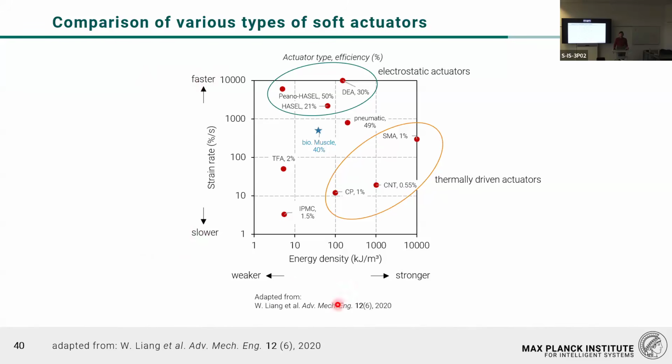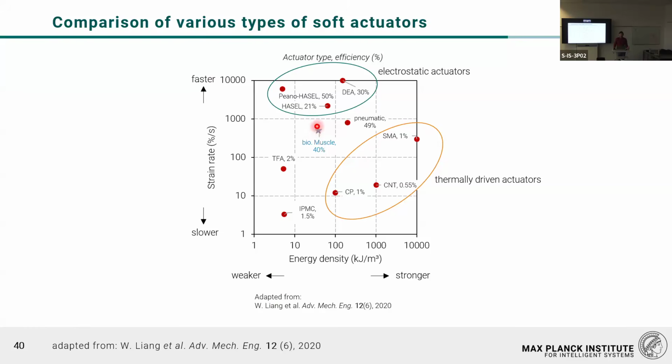The energy density tells us if the actuator is stronger or weaker. So weaker actuating technologies would be here on the left, while stronger ones are here to the right. And then I also give you the numbers of efficiency next to the different technologies. Biological muscle is here.